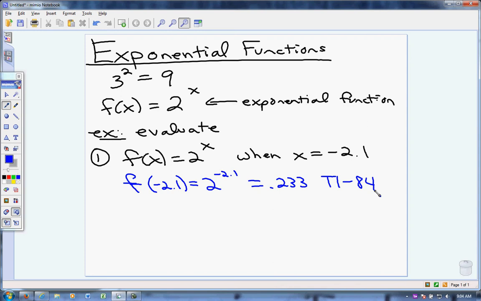They may also give you some where there's a little bit of algebra that we could do on paper. One like this. Let's say that f of x was 3/5 to the 4x.